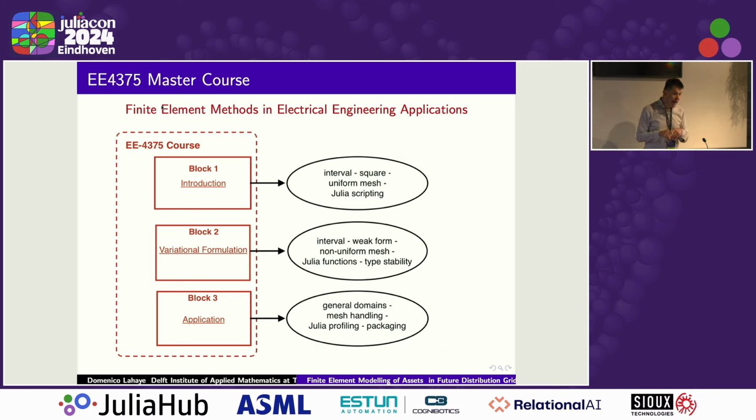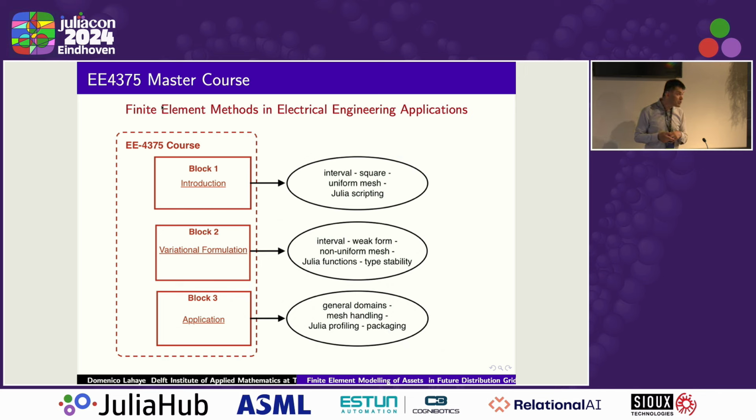Then I do a finite element variation formulation to be able to treat non-uniform meshes. And then I do the application. I try to apply the finite element method to be able to solve the potential equation for the magnetic field.